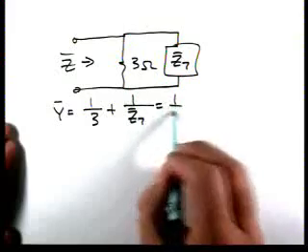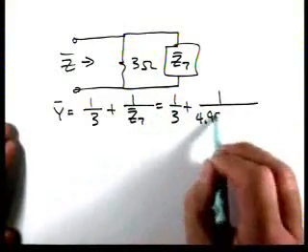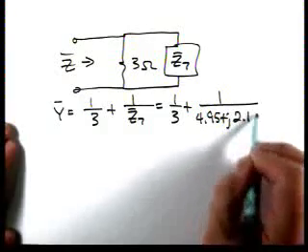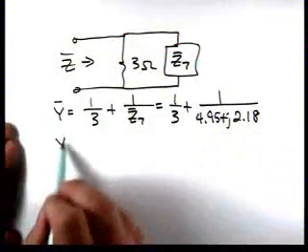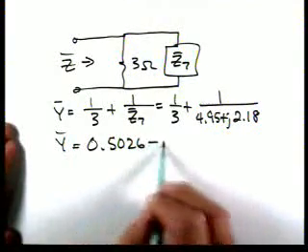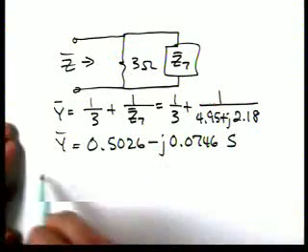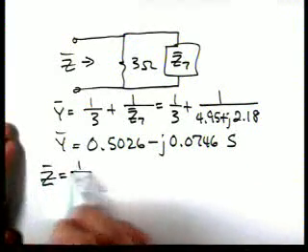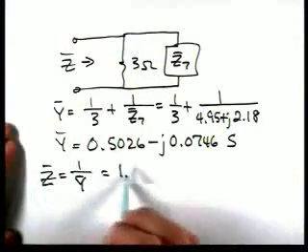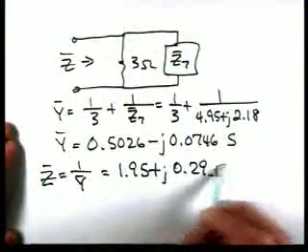So we have 1/3 plus 1 over 4.95 plus j2.18. So then Y is equal to 0.5026 minus j0.0746. And then Z is 1 over Y, which is 1.95 plus j0.29 ohms.